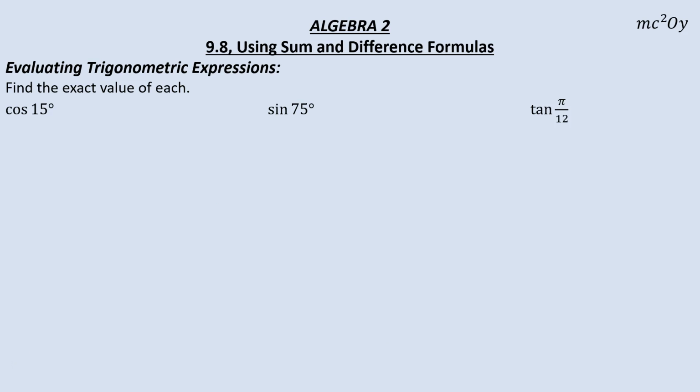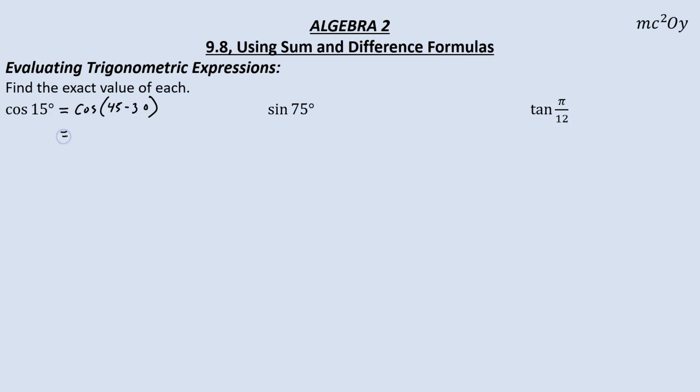So before we do these problems, let me just point out there are multiple ways you could do them. So the cosine of 15 degrees. What we want to do is think of two special angles that subtract or add to make 15. Right away I think, well, cosine of 15 is the same thing as the cosine of 45 minus 30. There are multiple angles you could use, but those look pretty easy.